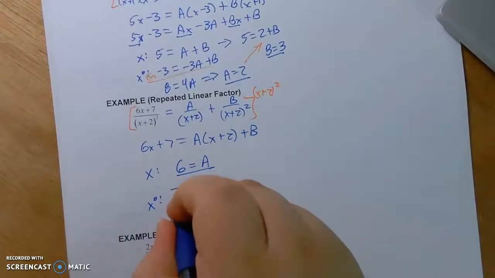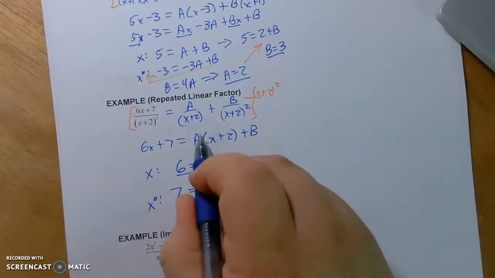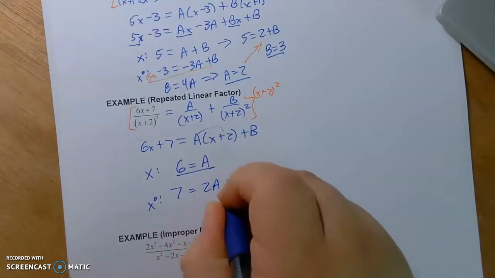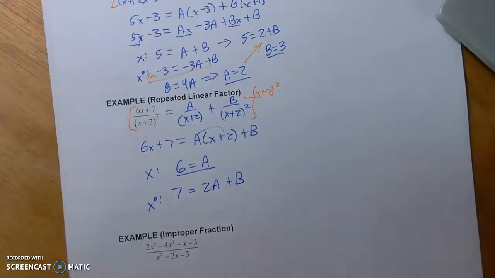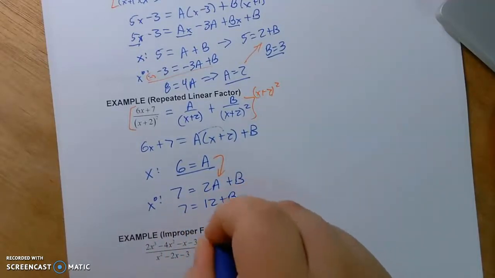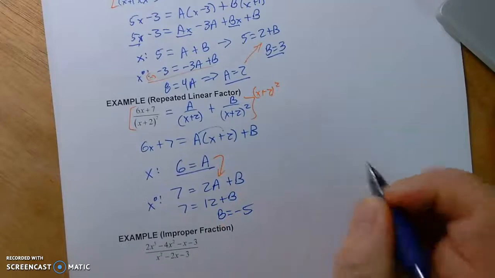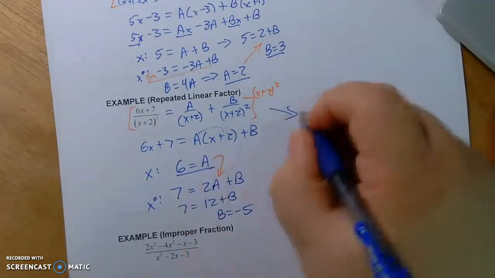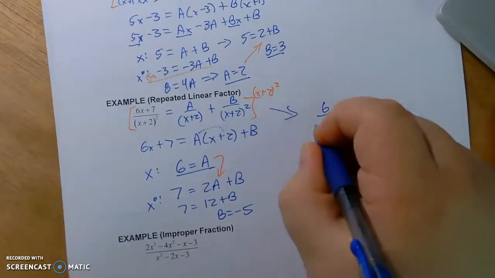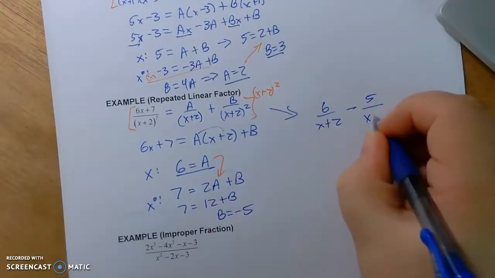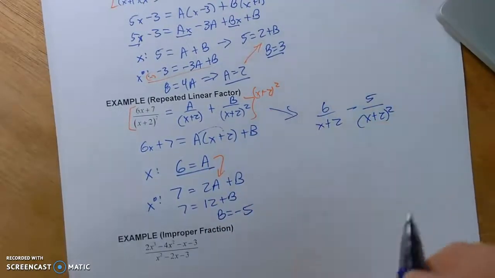The constants, we would have 7 equals, now we distribute that A, so we get 2A plus B. Well, we need to substitute in. 7 equals 12 plus B, so B is negative 5. So this becomes 6 over x plus 2 minus 5 over x plus 2 squared.